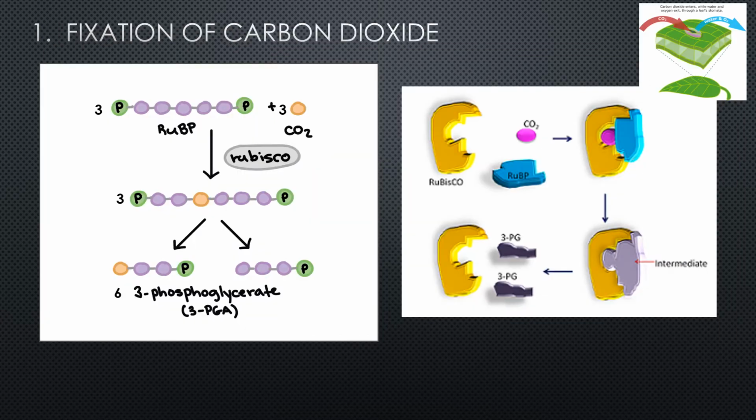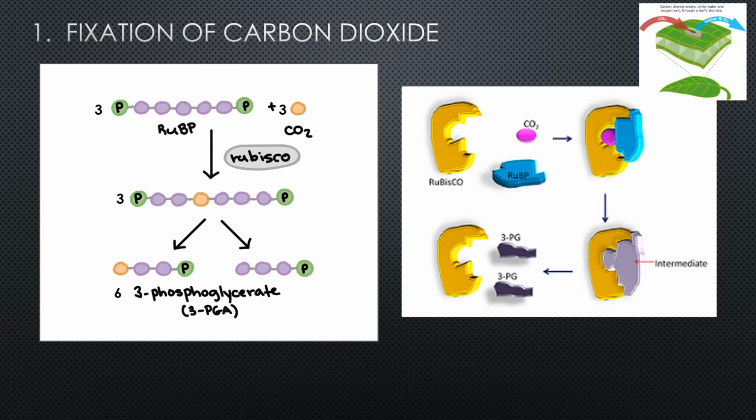So we're in a different location this time, so keep that in mind. So let's start with the fixation of carbon dioxide. Our reaction begins with carbon dioxide that has been absorbed from the atmosphere through the stomata and into our mesophyll cells, and keep in mind it's diffused through the cells into the chloroplast, and now is in the stroma of our chloroplast.